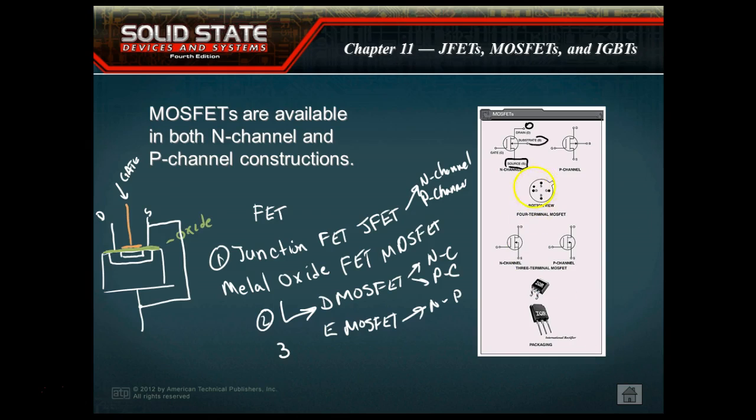Okay. Now sometimes, since it's so commonly done, they'll take the substrate and connect it to the source internally. So these MOSFETs will have 3 leads. They would be a 3-lead MOSFET, and then this would be a 4-lead MOSFET.